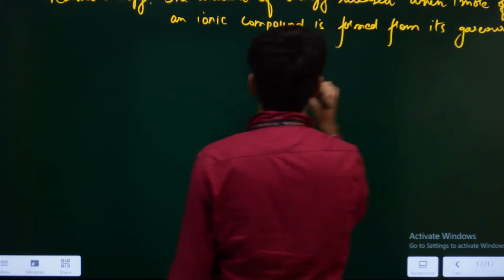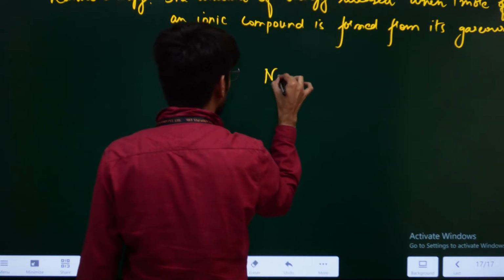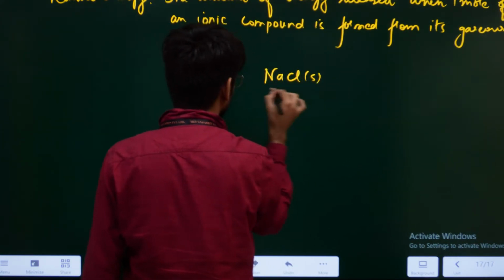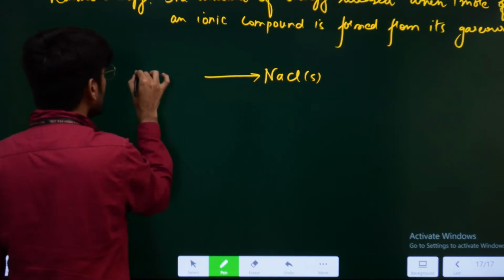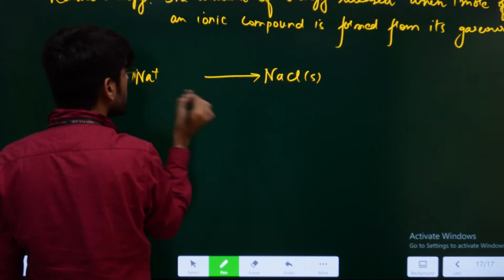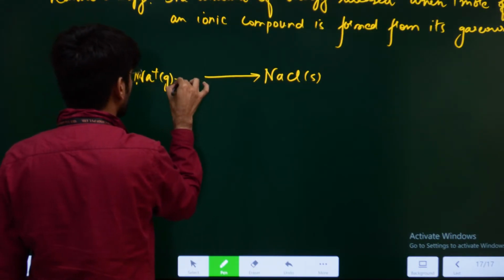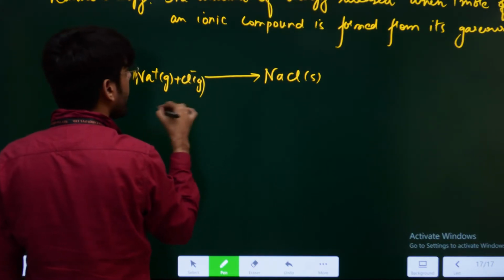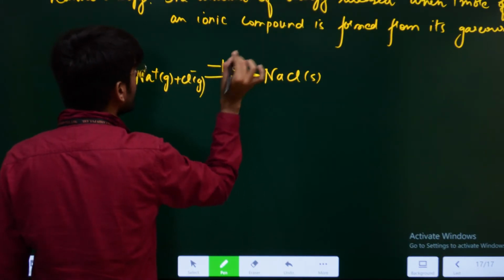So for example, if I am talking about NaCl, the formation of NaCl from its constituent ions in the gaseous form, then the energy released is the lattice energy.